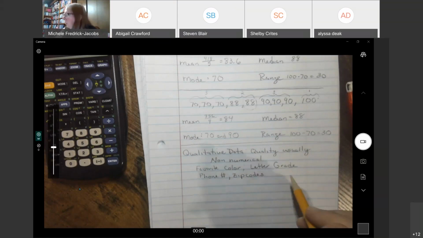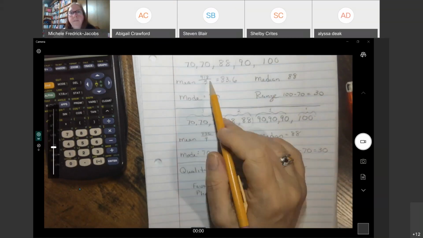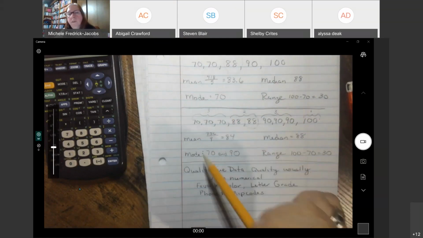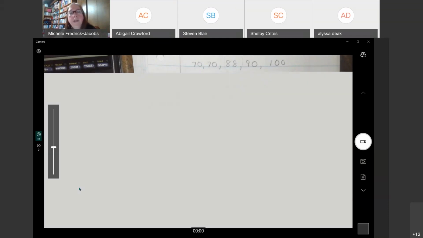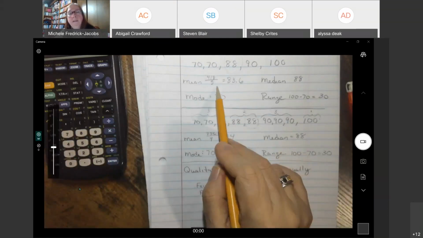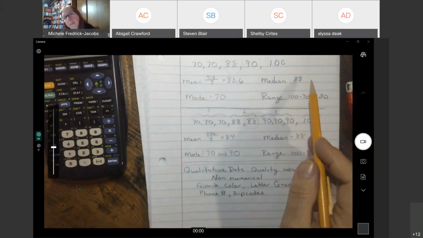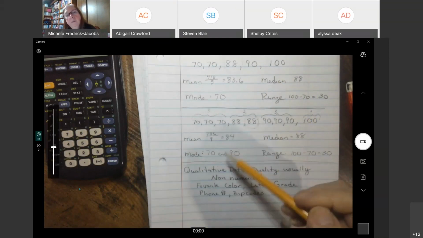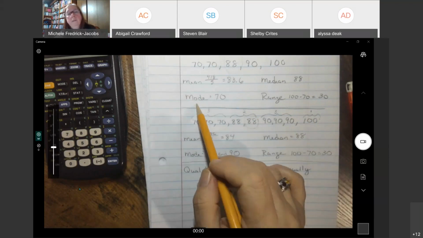When you're using qualitative data, we were just finding mean, median, mode, range. Well, when you have qualitative data, it's not a number, so you cannot find the mean. Doesn't make sense to put them in an order, so you can't find the median. And again, range is subtracting. So the only thing from this data set that you can find is the mode.